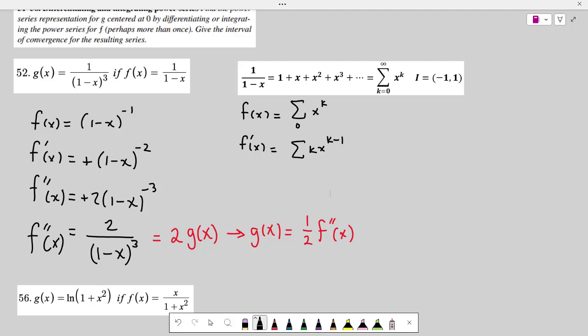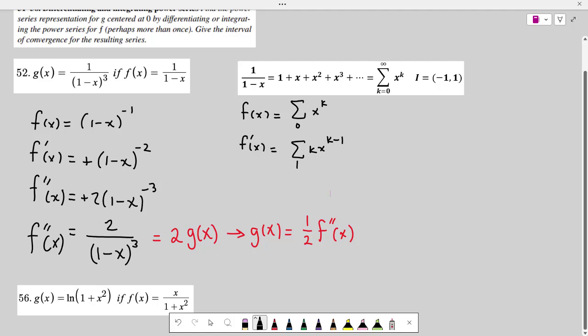Think about your polynomial here. If you differentiate it, what should the first term of the derivative be? 1. When you take the derivative of 1, you get 0. The derivative of x is 1. So the first term of the derivative should be 1. And in order to make that happen, what do you think this index should start at?